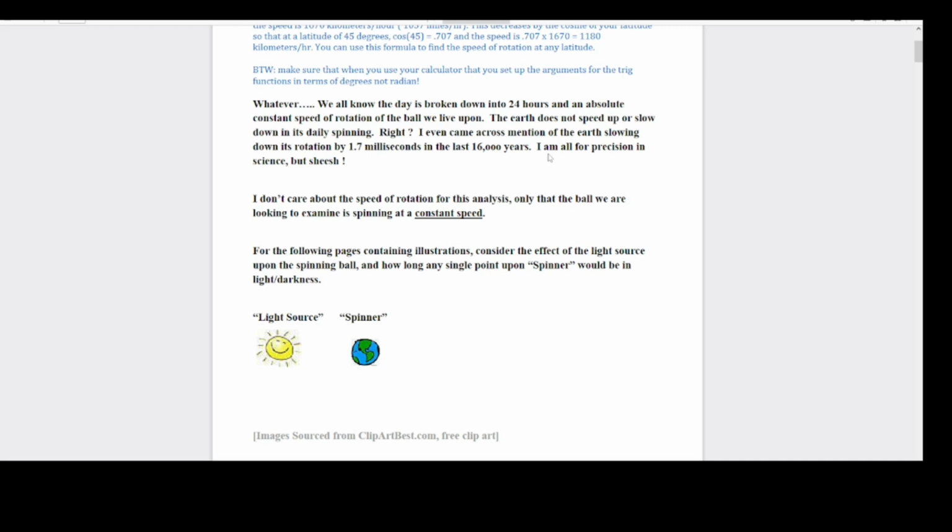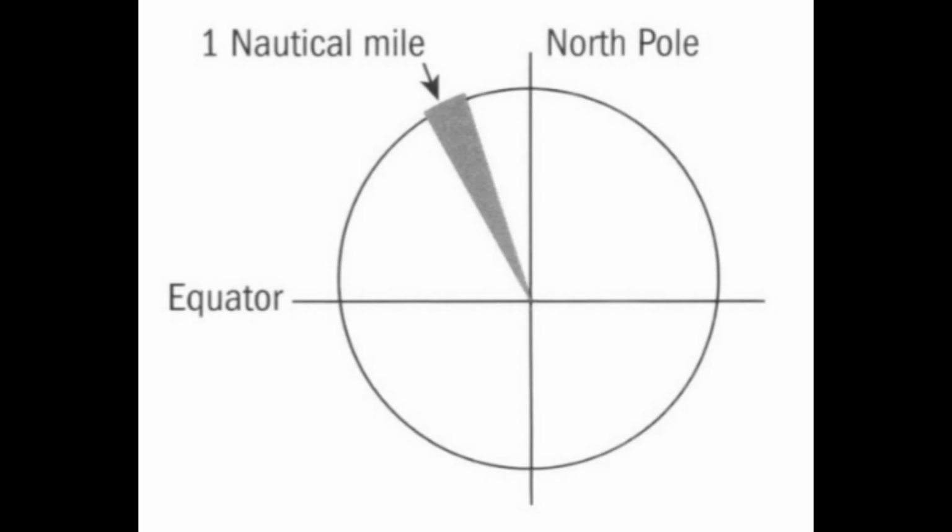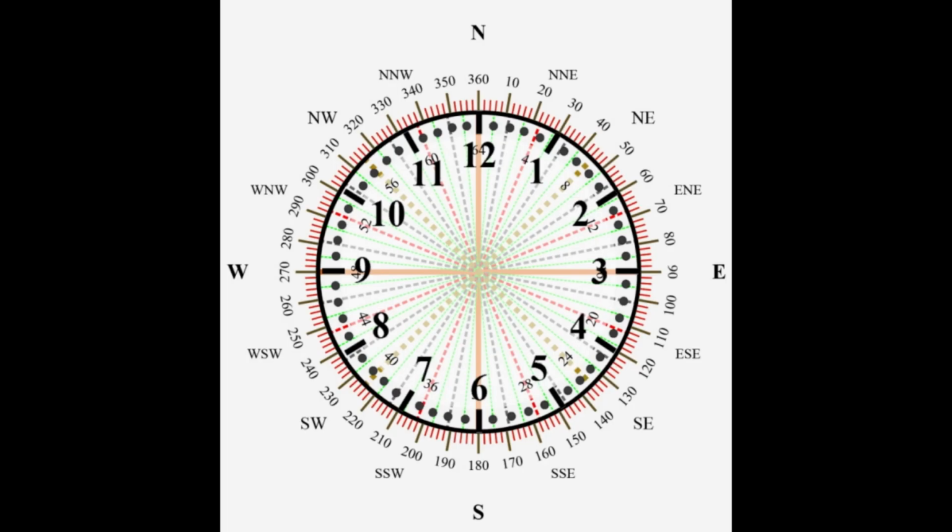And with a side note, NASA tells us to make sure that when you use your calculator that you set up the arguments for the trig functions in terms of degrees, not radians. Again, degrees is a very important aspect of the globe. Distances are converted into degrees and time is converted into degrees.